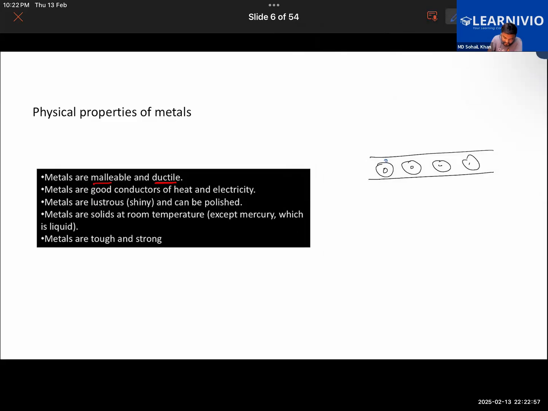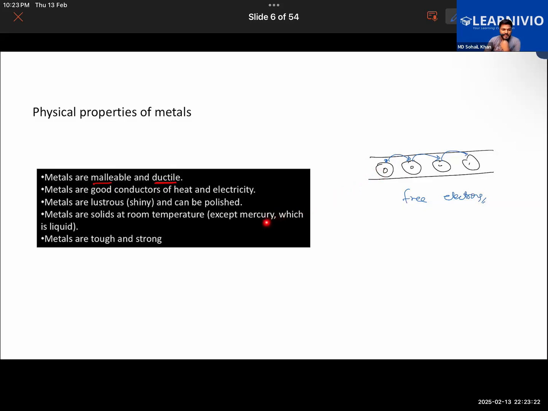So electrons can move from one atom to another, like this. That's why they are good conductors of electricity. Plus, the metal atoms are very compactly packed inside the metals, and thereby that also makes them good conductors of heat.